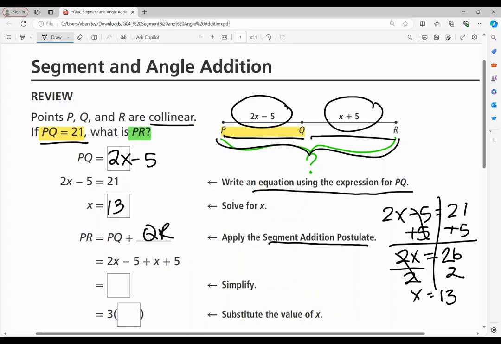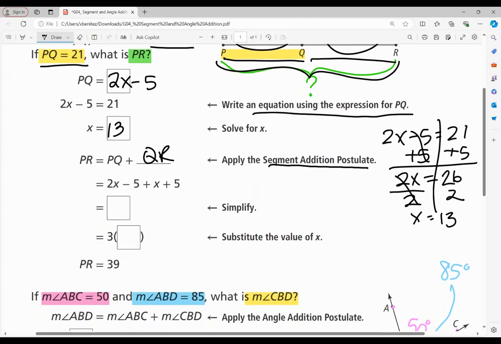So the next step here is to simplify and combine like terms.